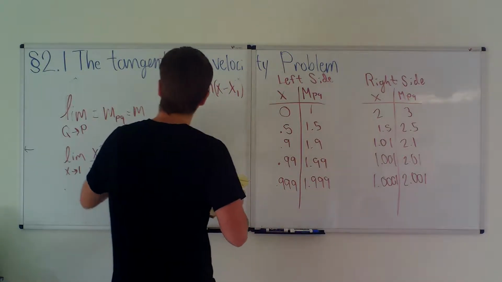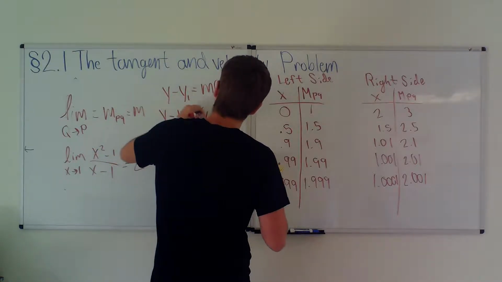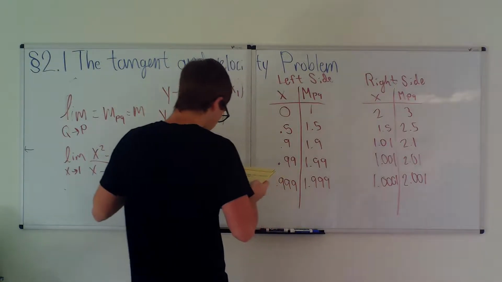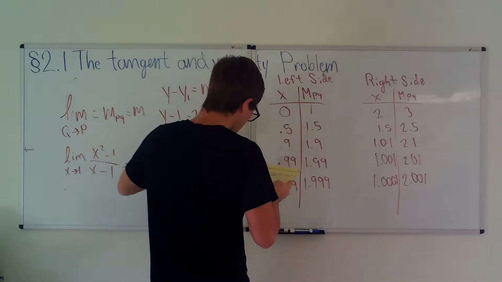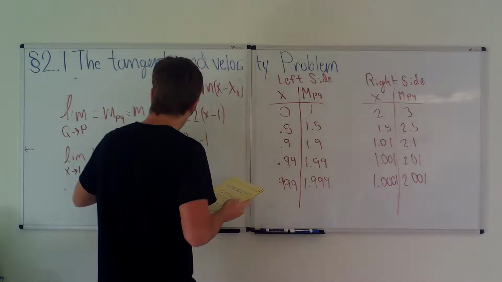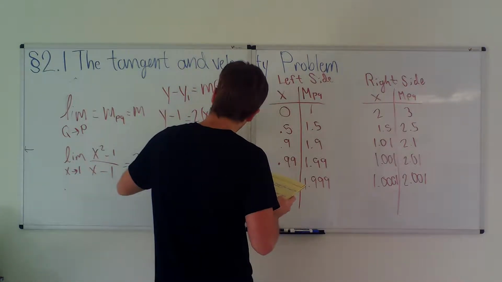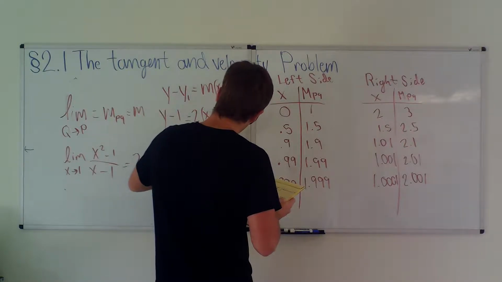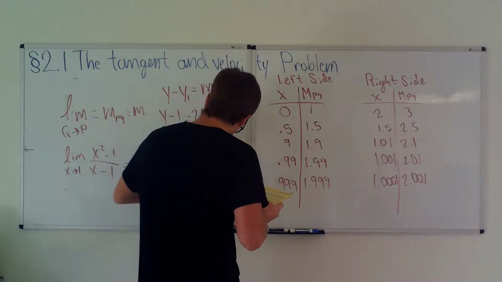You plug in the point, y minus 1 is equal to 2 times (x minus 1), and you distribute and get y is equal to 2x minus 1, and you have your tangent line for the function y equals x squared at point (1, 1).